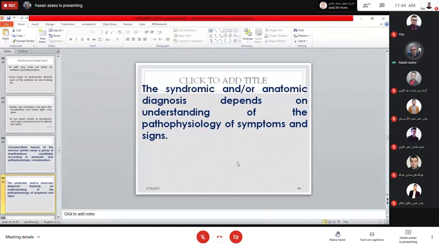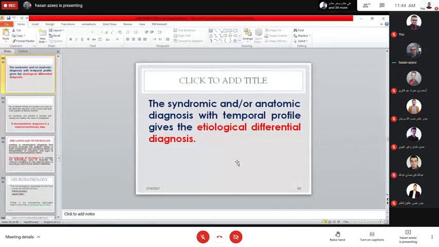If I understand what chorea is, I will recognize that chorea must be related to a basal ganglia lesion. The syndromic and or anatomical diagnosis, with the temporal profile taken from history, gives the etiological differential diagnosis.